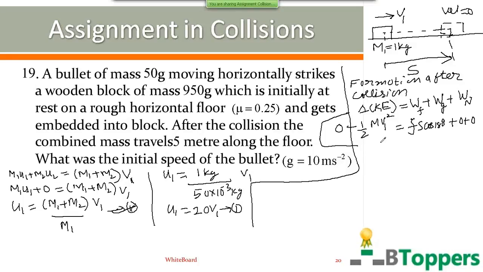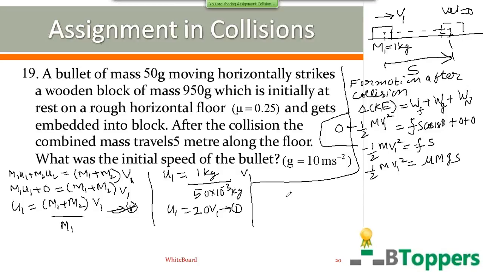So magnitude of friction acting on the combined mass during motion after collision, you can write as the product of coefficient of friction into magnitude of normal reaction. The magnitude of the normal reaction can be taken as equal to the magnitude of the weight mg of the block. So magnitude of friction, you can write mu mg.